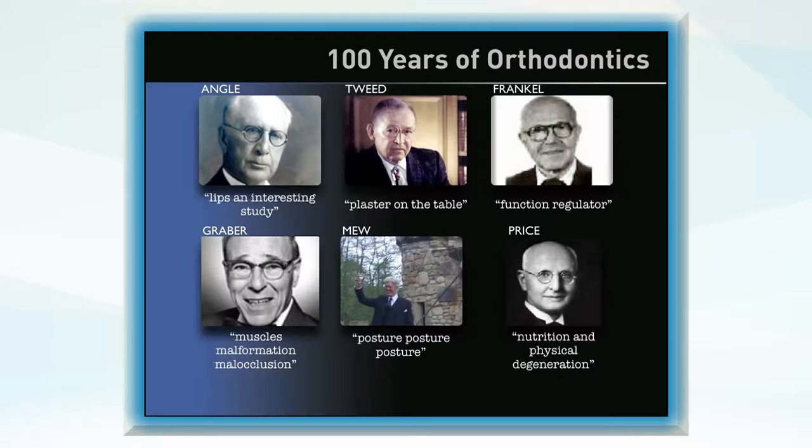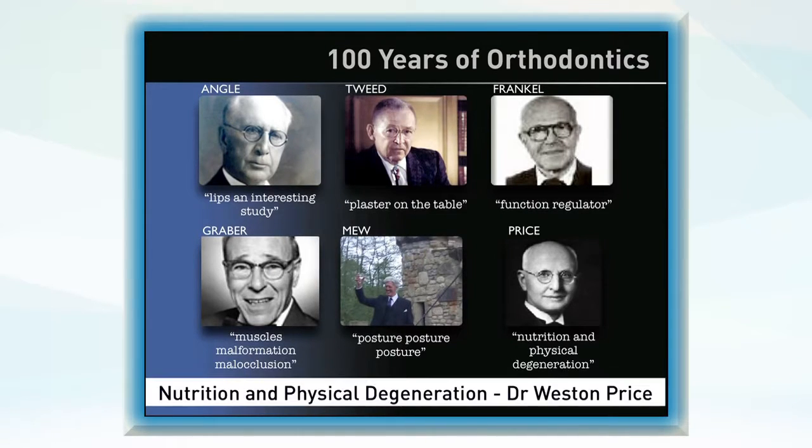Biological limitations. Understand, this is why we bring Weston Price in, understand that many of these children aren't going to react as favourably as we want them to. If you read Weston Price's book, we know that a lot of these children are nutritionally deficient and have been through a number of generations.